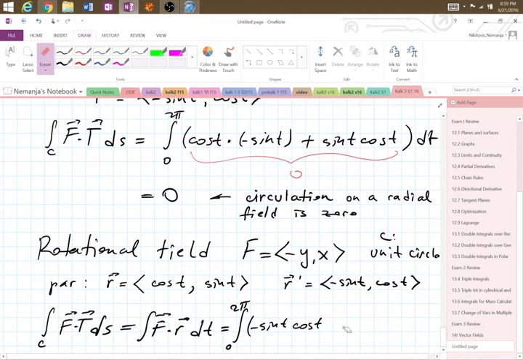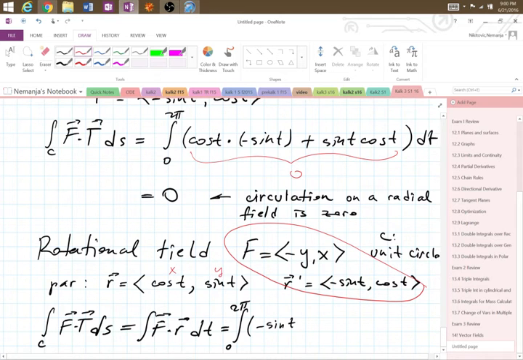Start from scratch. So what do we have? We have F that's negative y. Negative y is the negative sine t times the first one from here, cosine t, plus x, which is cosine t, times... No, I'm looking at the wrong one again. You know what? I'm going to circle them because I don't want to make a mistake for a third time.